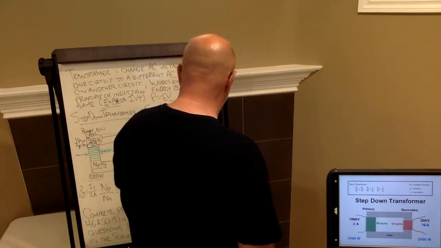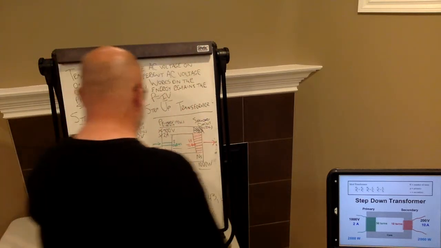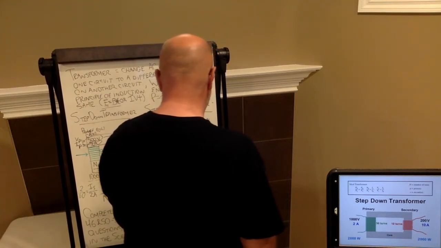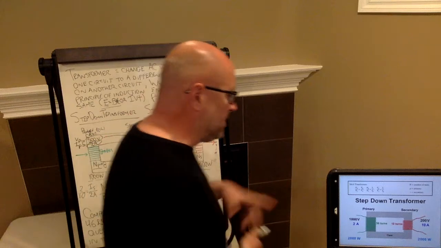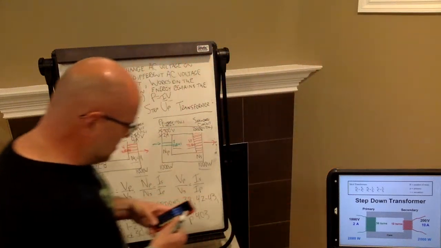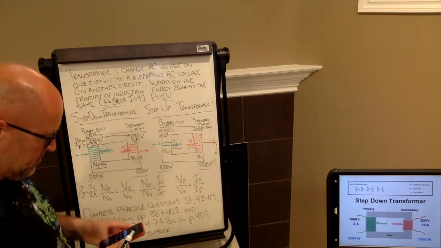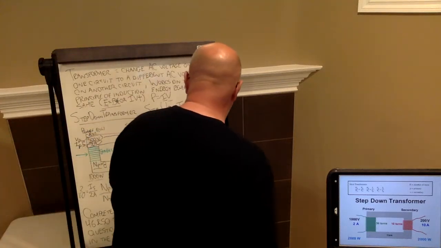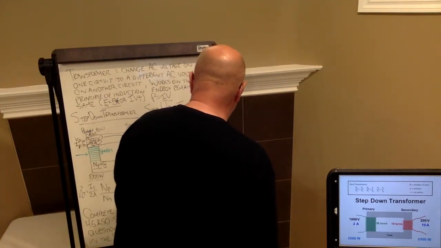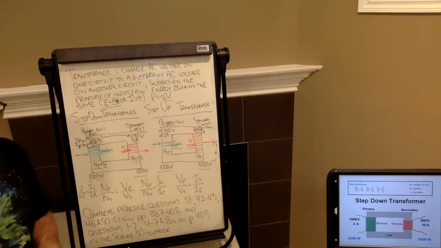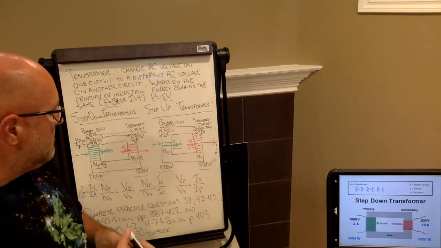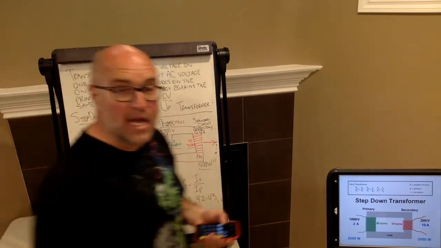No, that's not right. Hold please, I want to make sure I'm not giving you erroneous numbers here. Pardon me, it's 0.4. 0.4 amps is going to be my amps on my secondary coil.